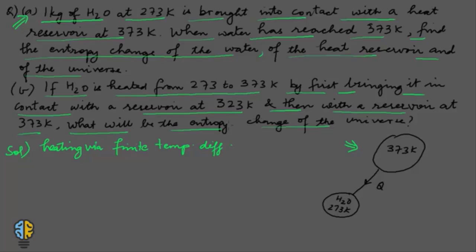The entropy of the water would increase because you have some heat which is coming into this system, which is the system of water. It will be a reservoir which is storing the water, so the entropy of the water will increase. And the entropy of the reservoir, through which heat is being taken, would decrease.